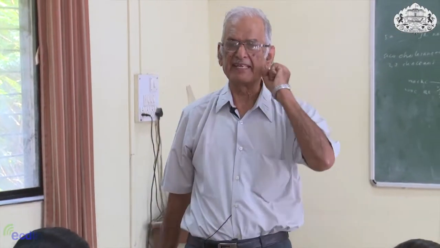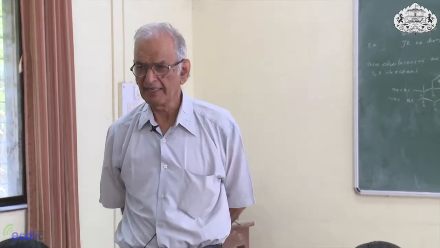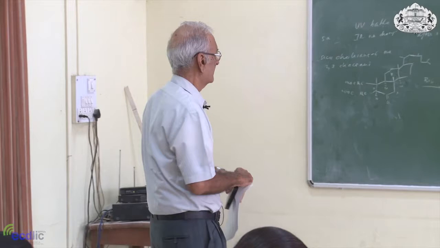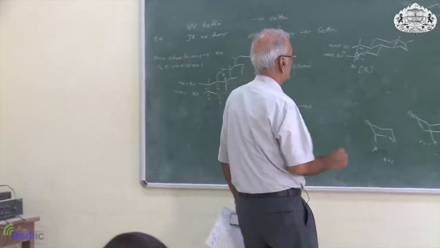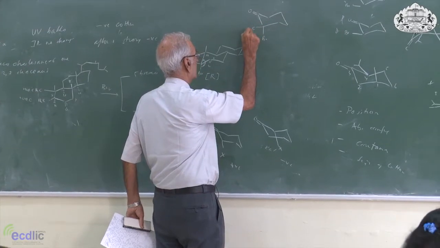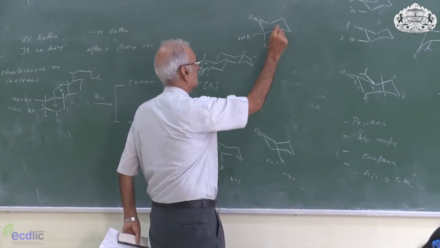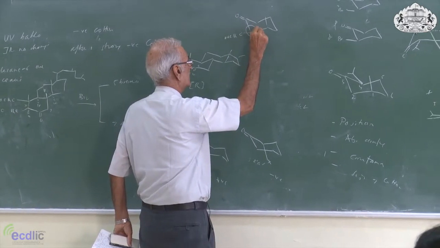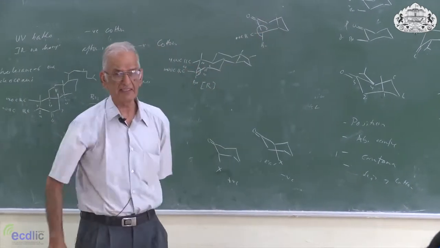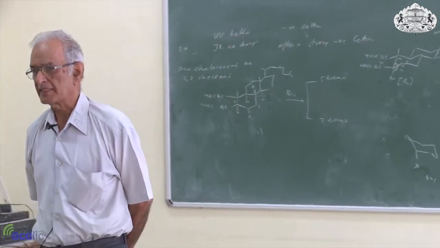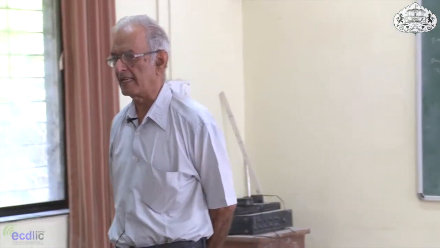One answer is write it somewhere and check it out. So we write it: first, second, third. What's the direction? Direction is clockwise. Last substituent is above, so this is S. So what we have done is wrong.